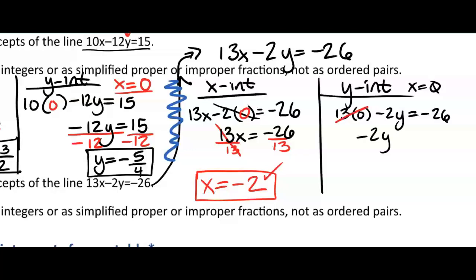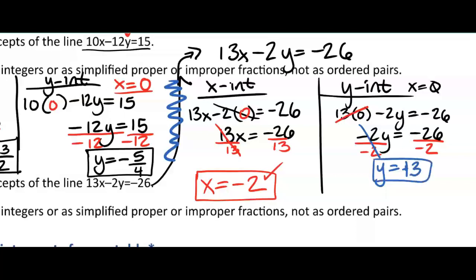Negative 2y equals negative 26. I have a coefficient of negative 2, so I'll divide both sides by negative 2. My multiplicative inverse cancels, and y equals negative divided by negative is positive, 26 divided by 2 is 13. Did we all get 13 for our y-intercept?